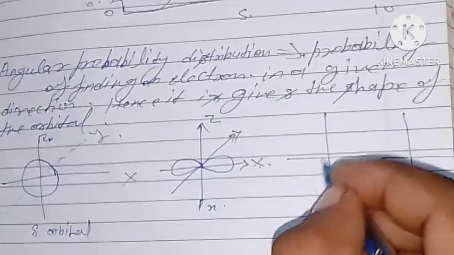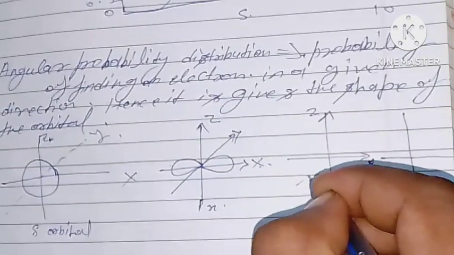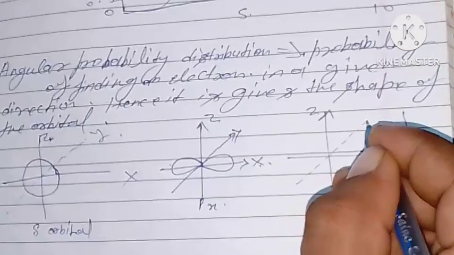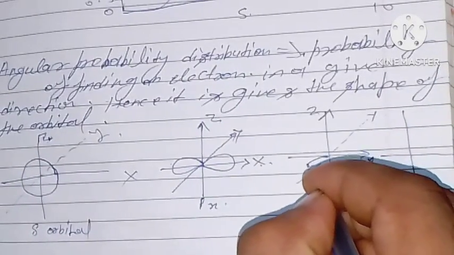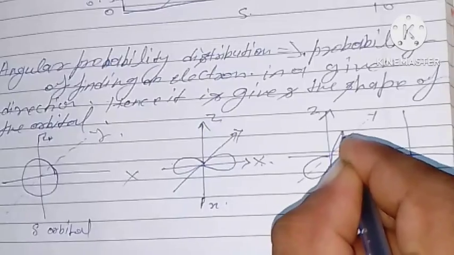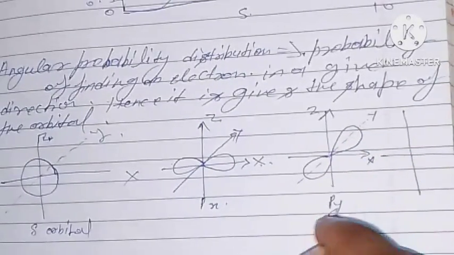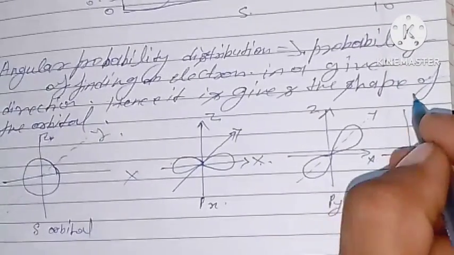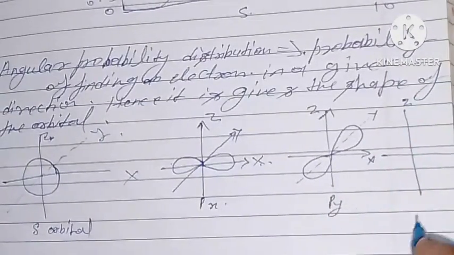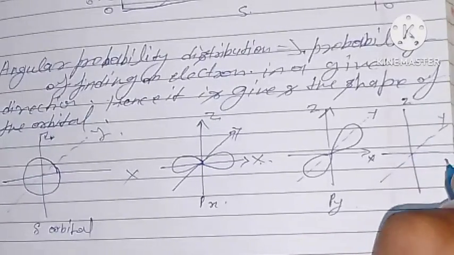For py, this is the z-axis, this is the x-axis, and this is the y-axis. The graph is plotted like this for py. For pz, this is the z-axis, this is the y-axis, and this is the x-axis.